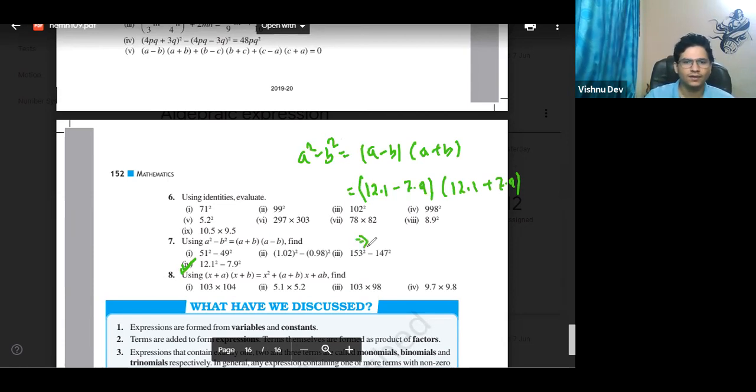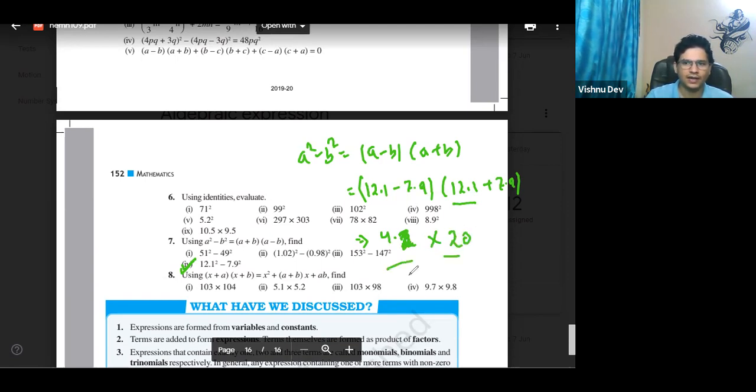Okay, Vihan, that's what I'm discussing. So 12.1 minus 7.9 is what? 4.8, sorry, 4.2. Yes, 4.2 into 12.1 plus 7.9 is basically 20.